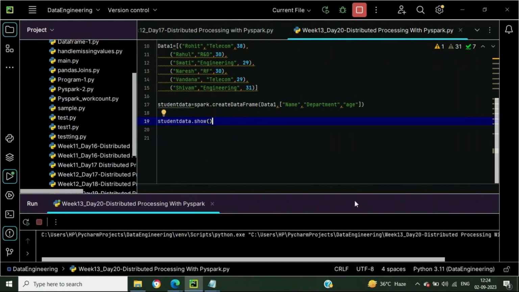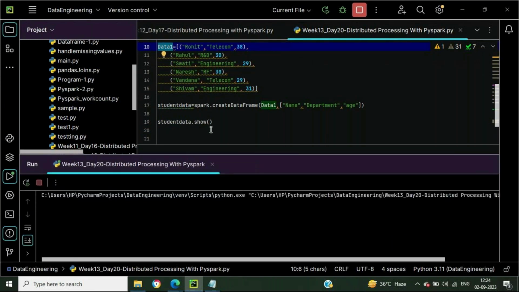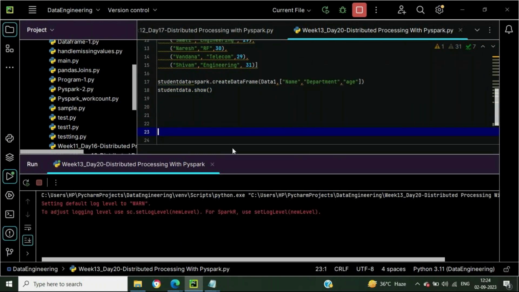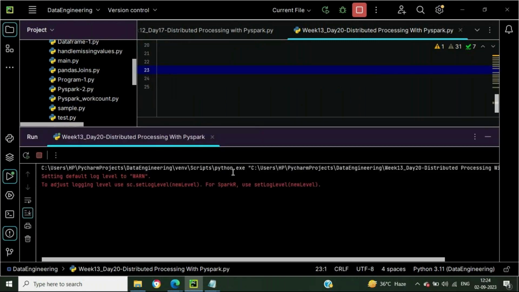So this is the student data, a data frame which we have created based upon this data one. Data one as a list, and based upon this we have created a data frame student data, and we are going to list the records of this data frame. So the execution has been started.